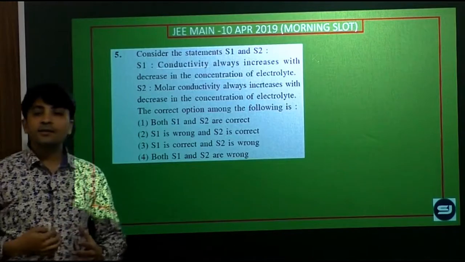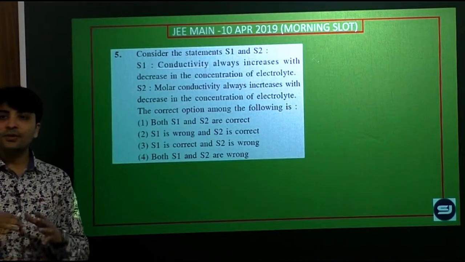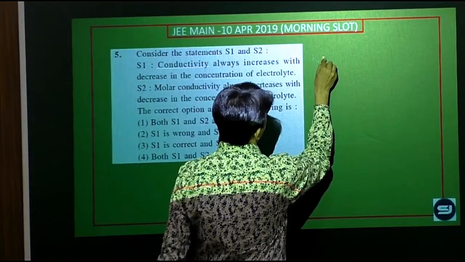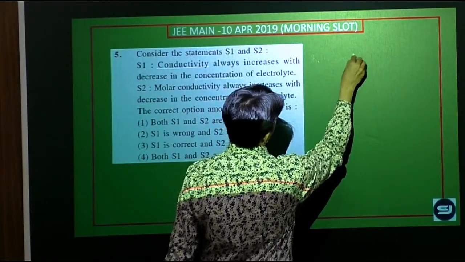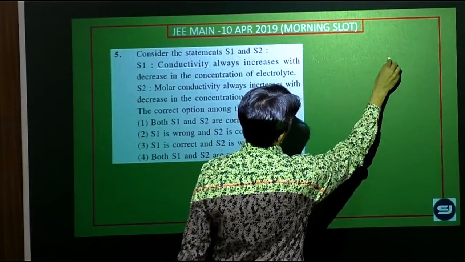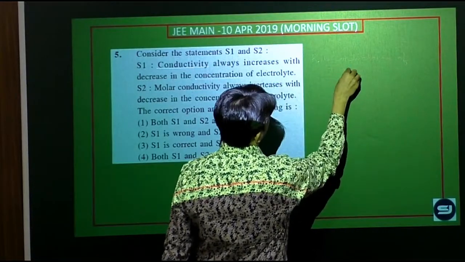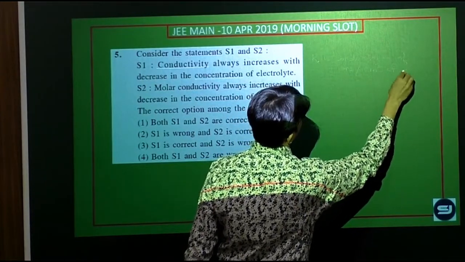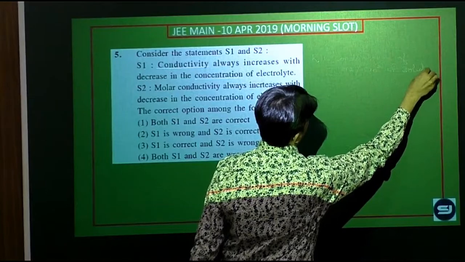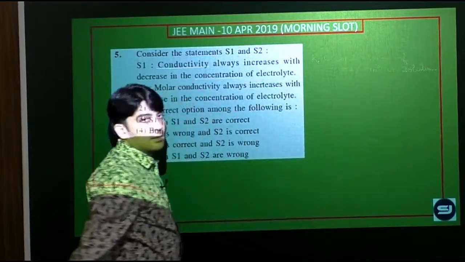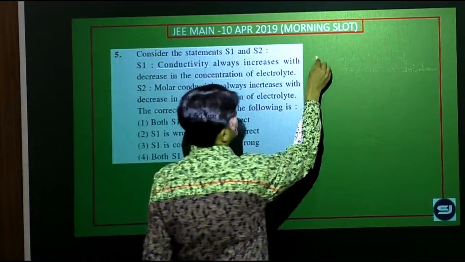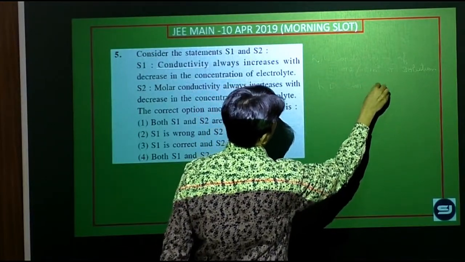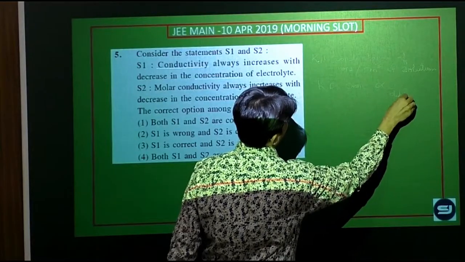K is the conductance of the ions which are present per cm cube or per unit volume of the solution. This is how you define it. Now, the relation of K with concentration is well known. K is directly proportional to concentration and inversely proportional to dilution.